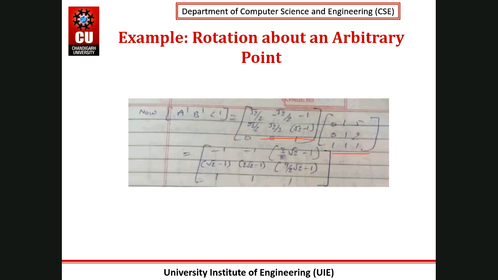This is my Om, object matrix, and this is my Tm. Okay guys, so the final answer is this one. The first point will be this one, this will be my second point, and this will be my third point. Okay guys, it's very easy.